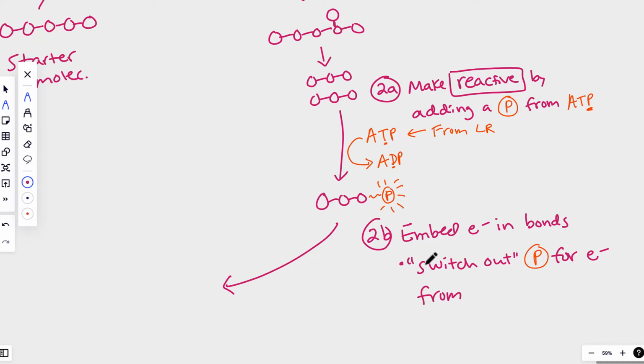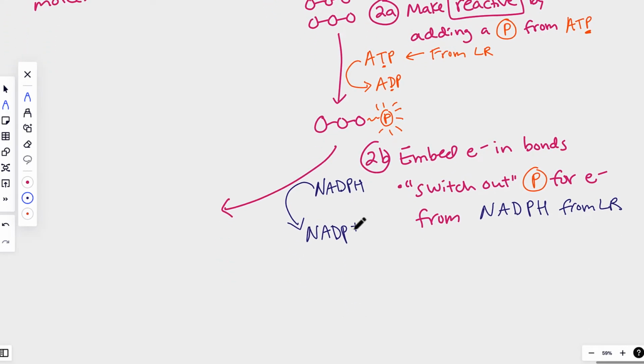And the electrons are from NADPH that we made in the light reactions. Okay, so let's draw that. So we have NADPH with the electrons coming in, dropping off those electrons, and it leaves as NADP+. That's the carrier that's empty, meaning that the electrons are not in there anymore because they came out and went into the molecule.